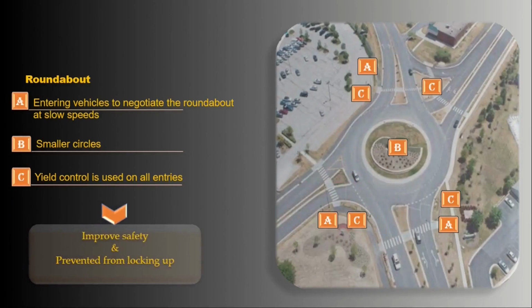Given these features and their effects on safety and operational performance, roundabouts are expected to improve the safety and operational performance of the intersection as long as the volumes are below the capacity.